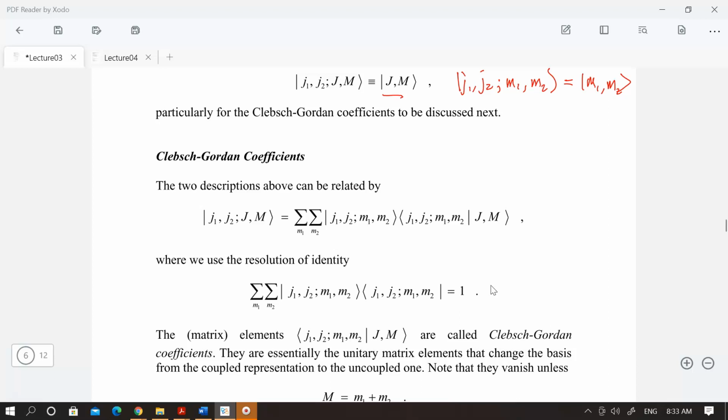In the first course, one of the things that we had was that one can pick a basis, and then one can consider a different basis, and the relationship between the two bases is given by a unitary transformation. If we have not learned this, you can look up my notes of the first course of quantum mechanics: going from one basis to another, one normally uses a unitary operator.